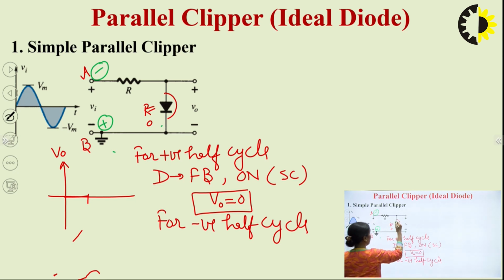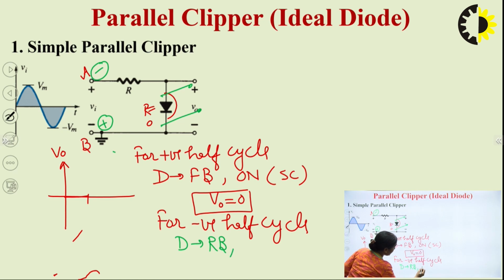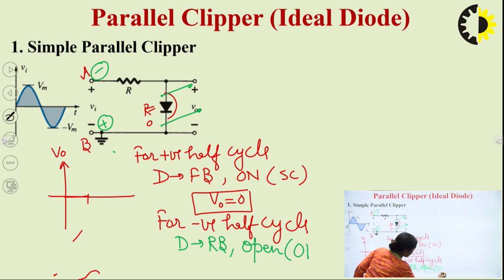So your diode will be off, that is open. Diode is reverse bias, that means it is open, or in the off state.